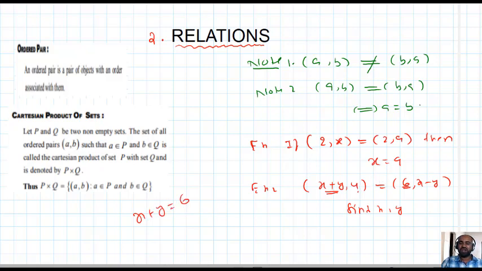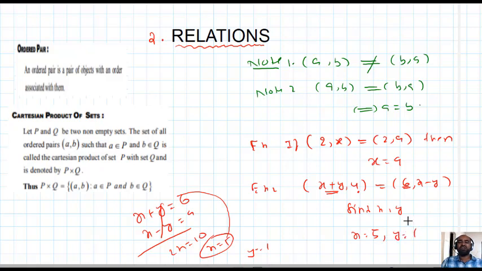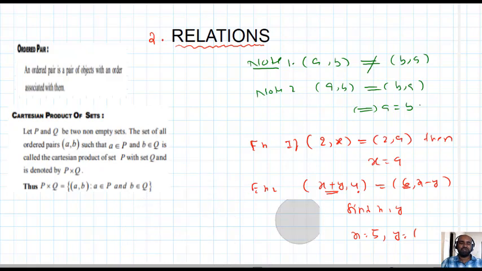By the definition of equal ordered pairs, the second component of the first ordered pair should be equal to the second component of the second ordered pair, that is x minus y. x minus y equals 4. Add them, so 2x is equal to 10. x equals 5. Substitute the x value, we get y equals 1. Therefore, x equals 5 and y equals 1 are the required values. This is about ordered pairs.